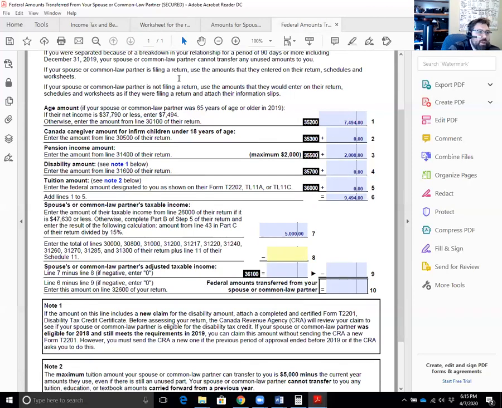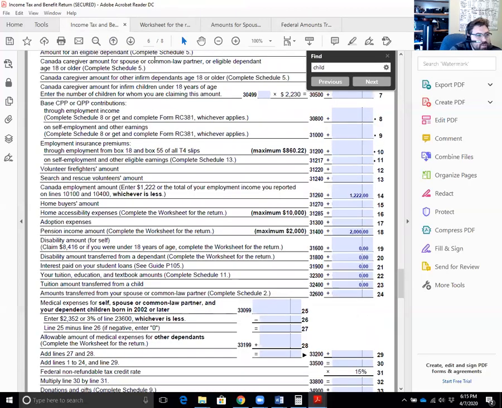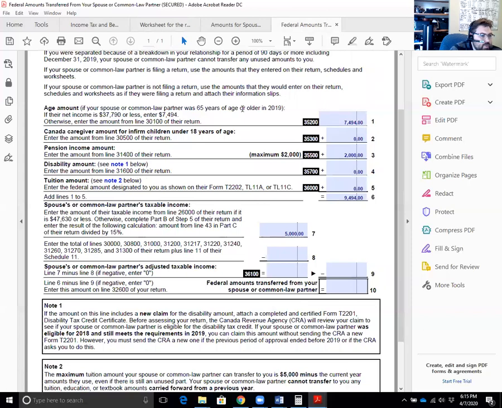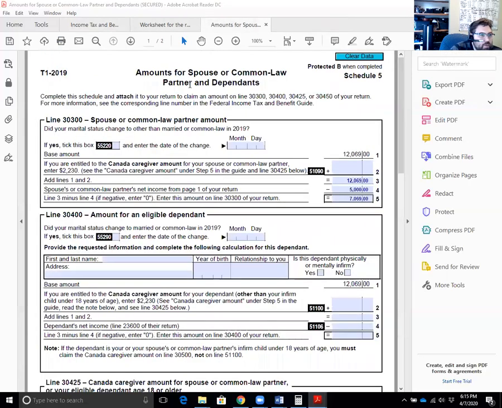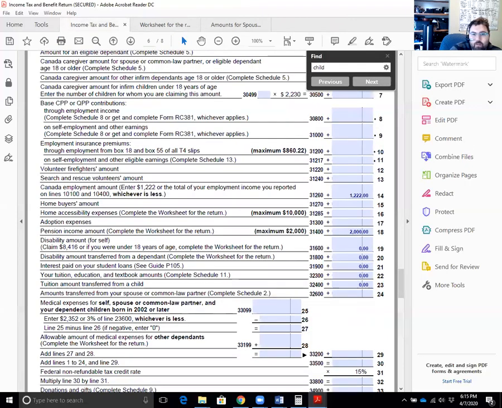Well, what are they asking us for? So let's go back here. These are tax credit amounts. So talking about 3,000, this one, this one, this one. Let's just pull this over here and take a look. I'm just playing around with viewing.